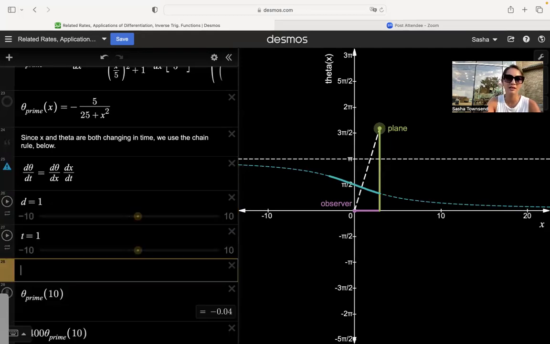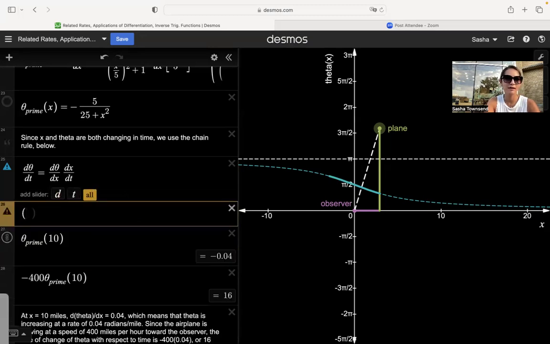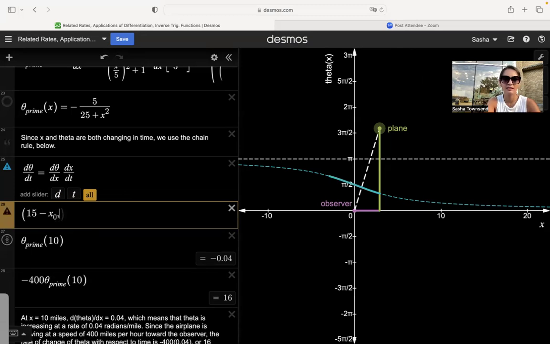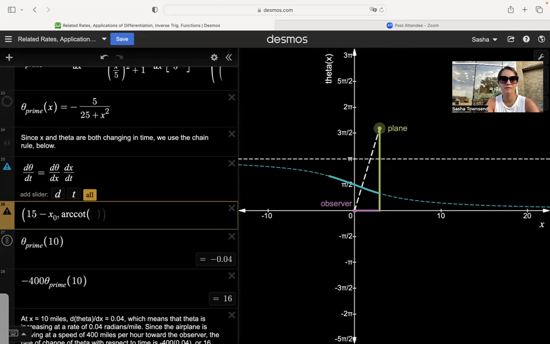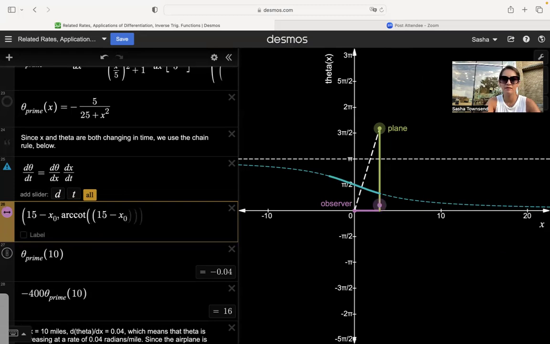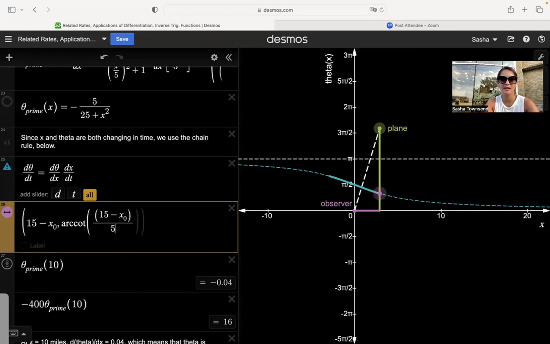If we wanted to, we could plot that point. So x is given by 15 minus x naught. And then we're taking the arc cotangent of the x value, which is 15 minus x naught, divided by, that's the adjacent side, divided by the opposite side.